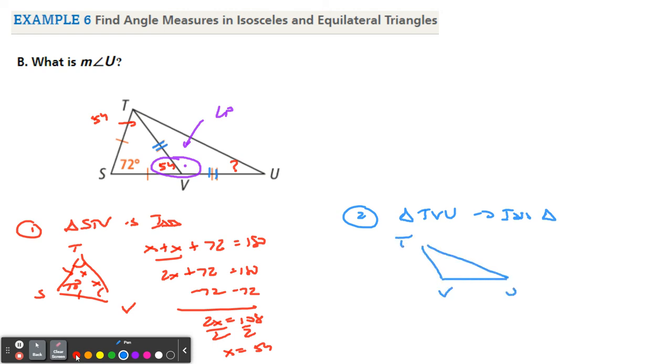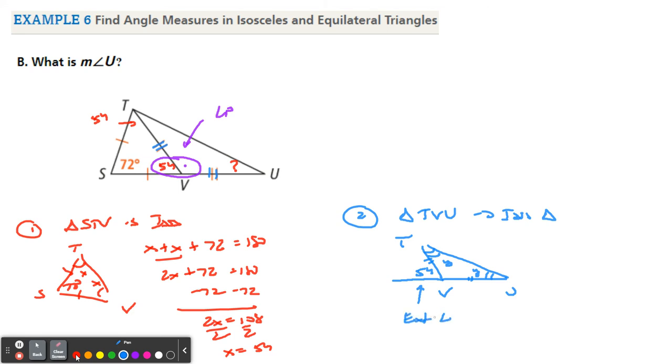But let me draw it like this. TVU. Let me extend side VU to include this 54-degree angle right there. So in TVU, these two sides are congruent. So angles T, I'll use two arcs, and angles U will be congruent. So let's call them like Y and Y. Well, 54 degrees is an exterior angle.